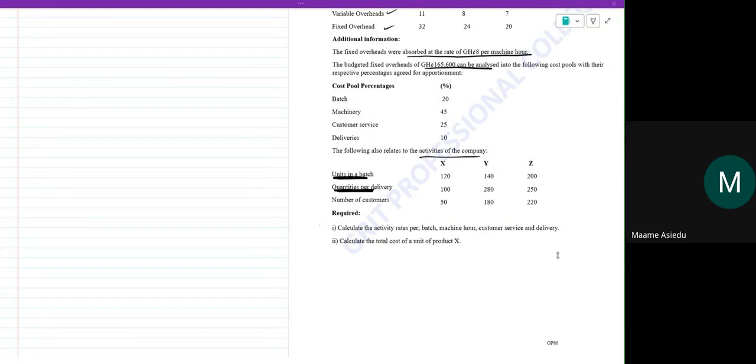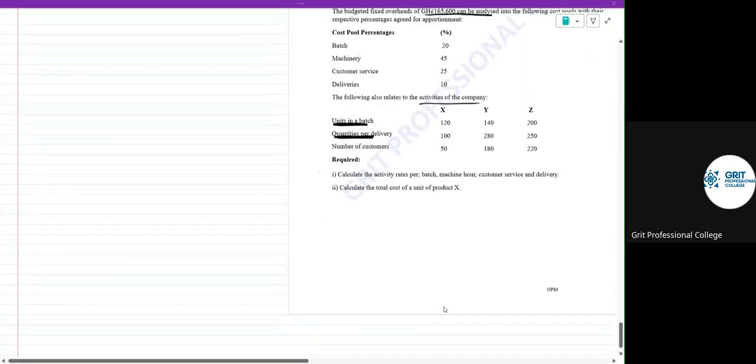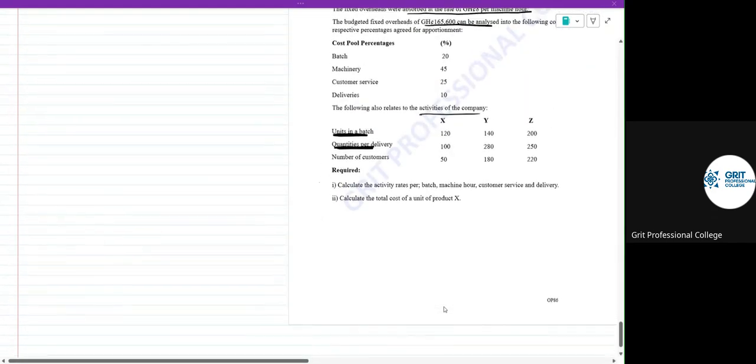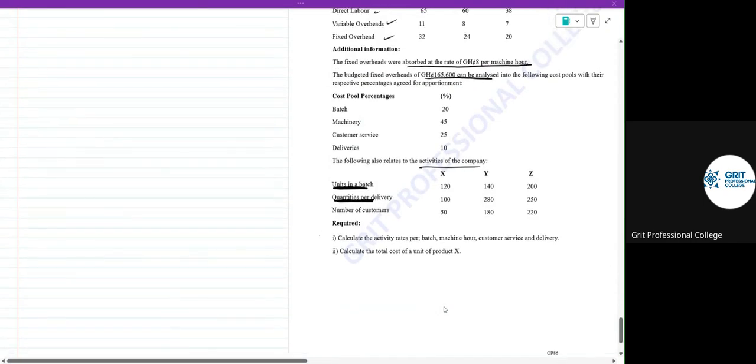Please, even before you go ahead to read the details of the question, you should try to read the requirement first. What have you been told to do? It says calculate the activity rates per batch, machine hour, customer service, and delivery.